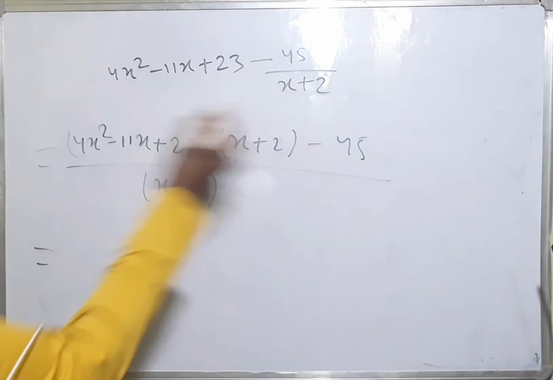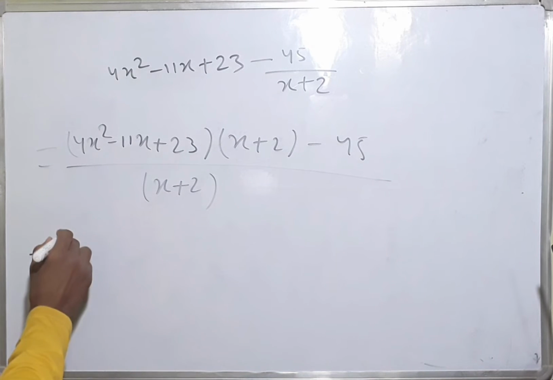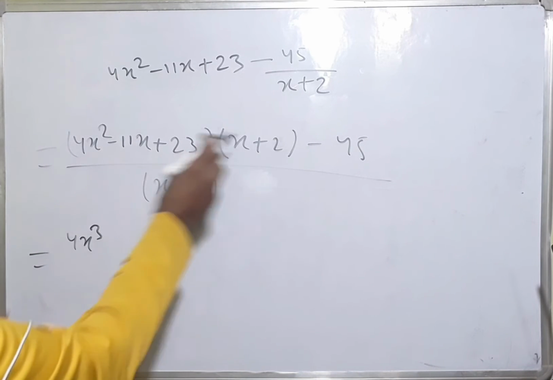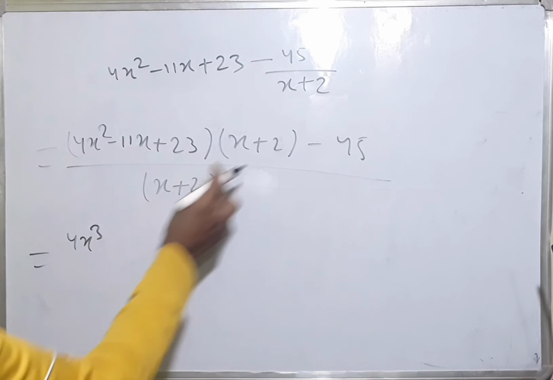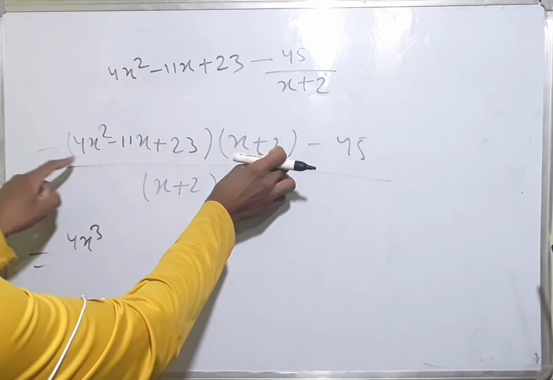Let's simplify this, multiply this, let's just distribute this. So you get 4x cubed if you do this. Then you have to multiply this as well into this.